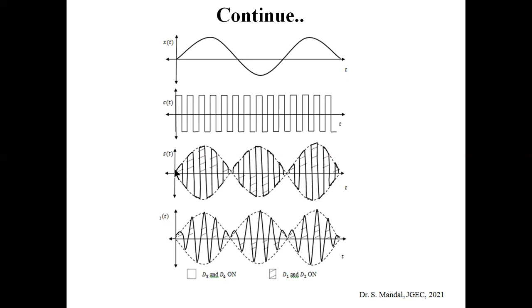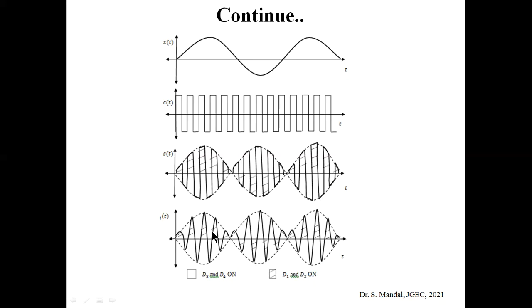And when x(t) becomes negative the scenario becomes reversed. That means when c(t) becomes positive D3 and D4 are on, and when c(t) becomes negative D1 and D2 are on, and when it passes through the capacitor we ultimately get this continuous DSB-SC signal.